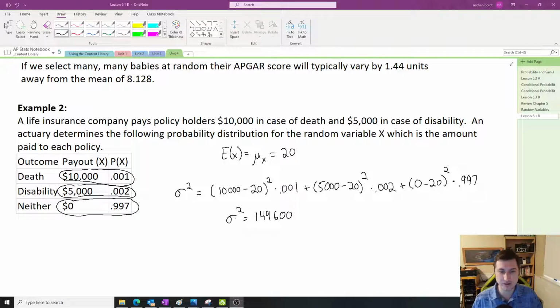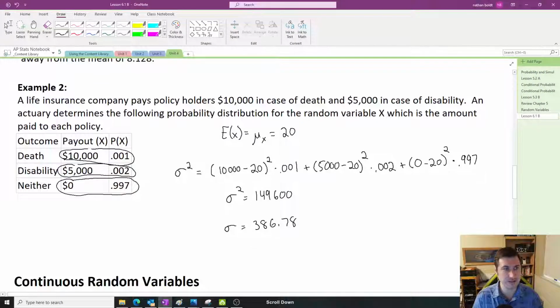But we get a variance, a sigma squared of 149,600. If we want the standard deviation, we just square root that, and we get 386.78. So what does the standard deviation mean? All right.